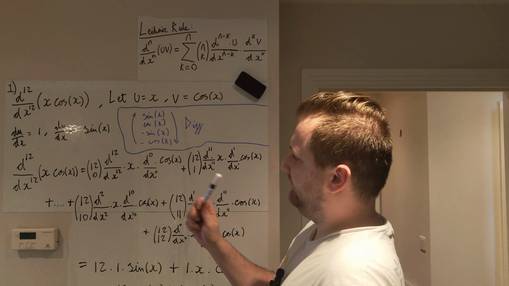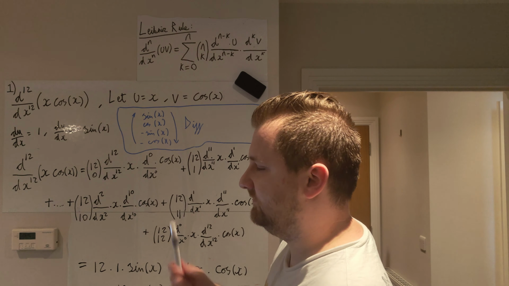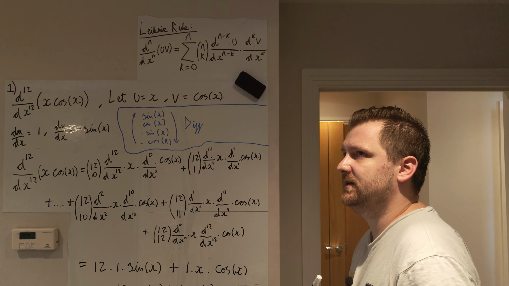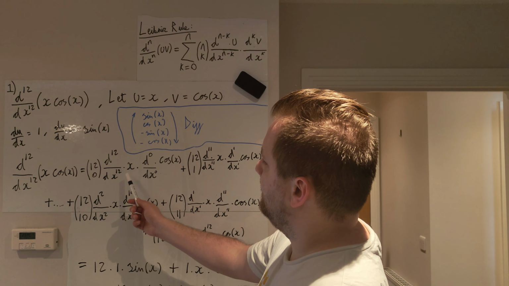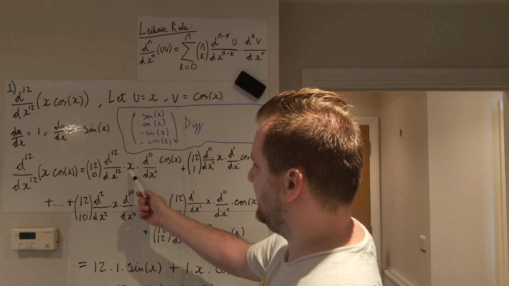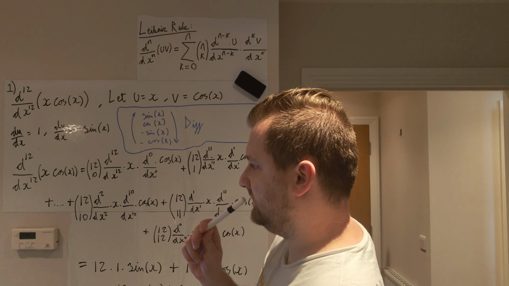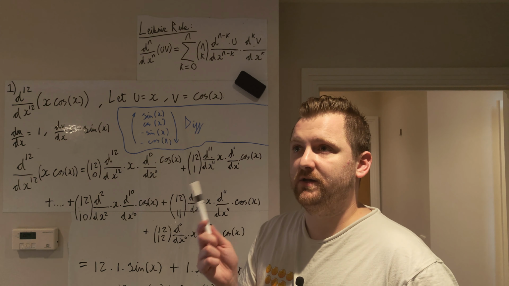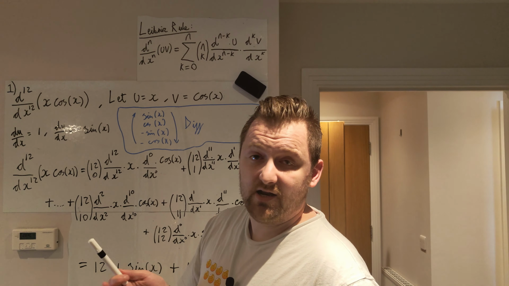Now, the first 10 or 11 terms, however many, just disappear. I guess there's probably 13 terms. Anyway, it doesn't really matter. The ones with d over dx where it's anything more than once disappear, because if you differentiate x once, you get 1, and if you differentiate it again, you'll get nothing.